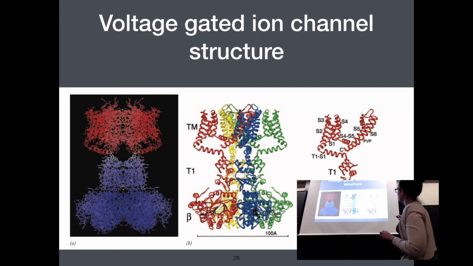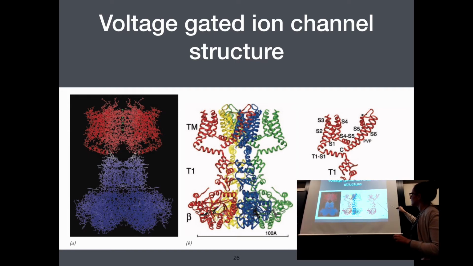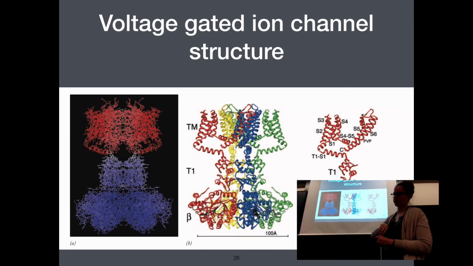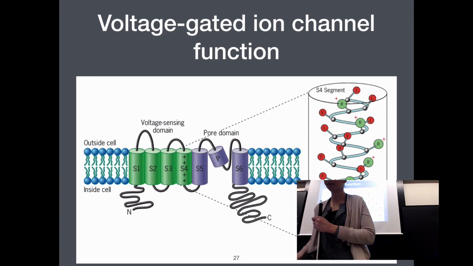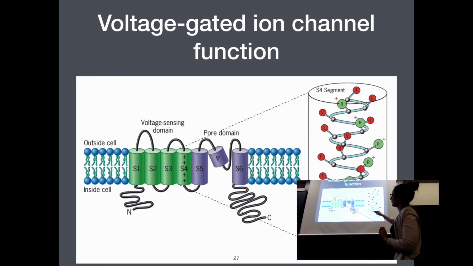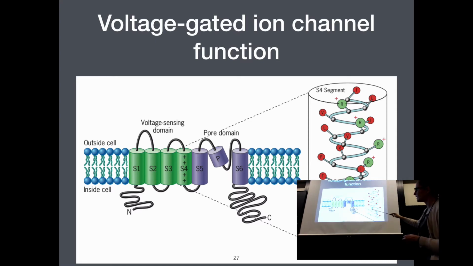But I want you to focus on this specific region, which is called the voltage-sensitive domain. It's made of 4 helices. And this S4 helix, if you look at its sequence in terms of amino acids, you'll see that it has a lot of hydrophobic residues in red, but also a lot of positively charged residues, arginines, lysines.